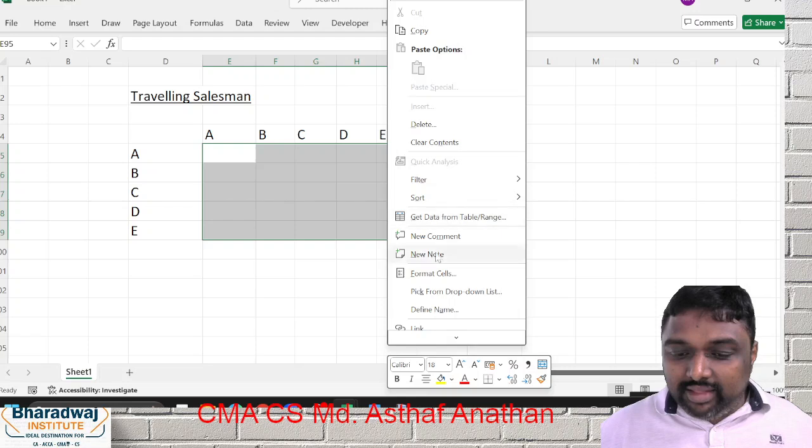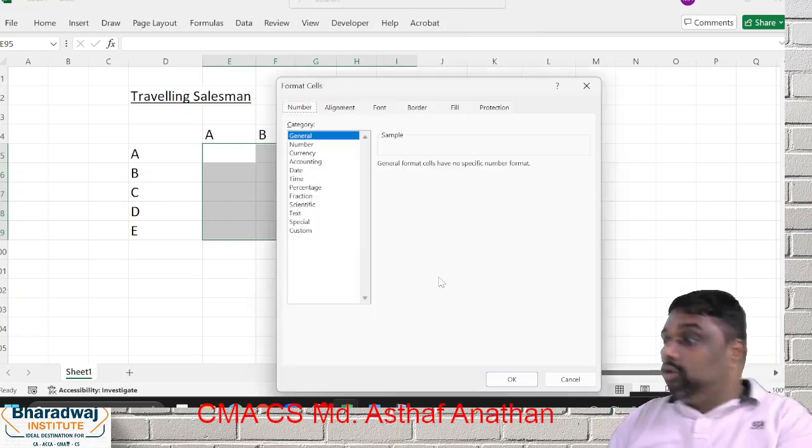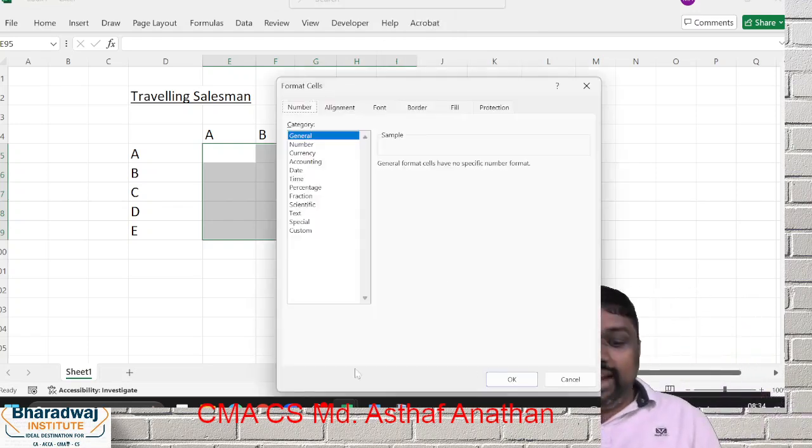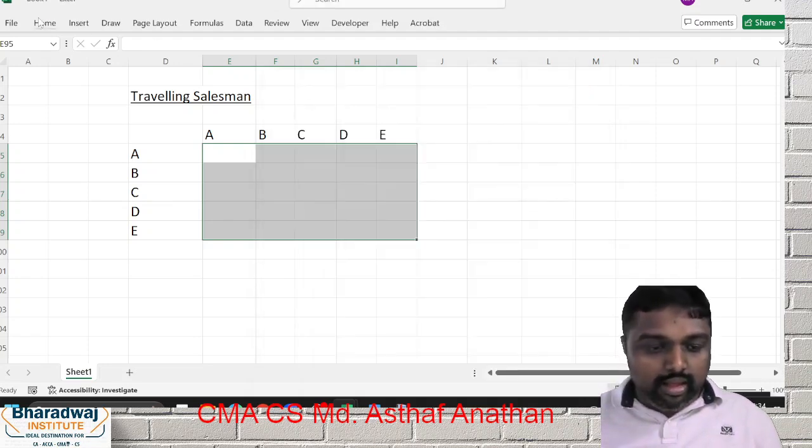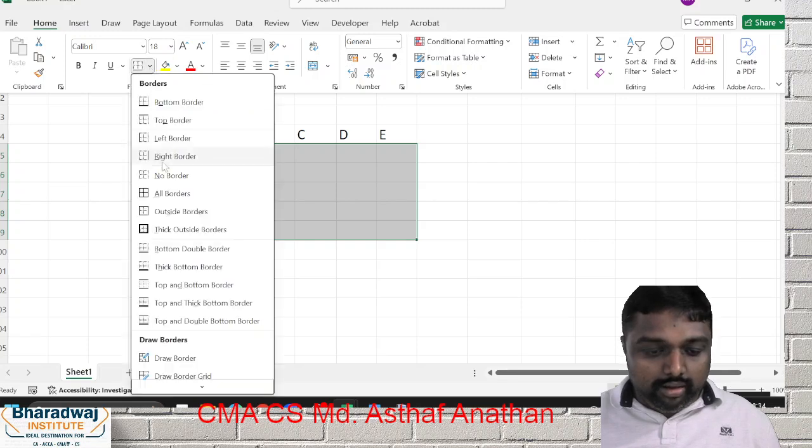So this is entering the data only. Hope all of you copied the question and completed the same. Let's see how many of you made it correct.